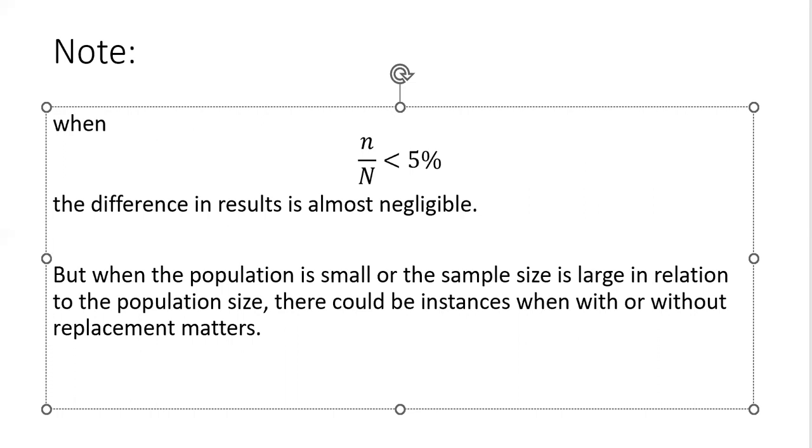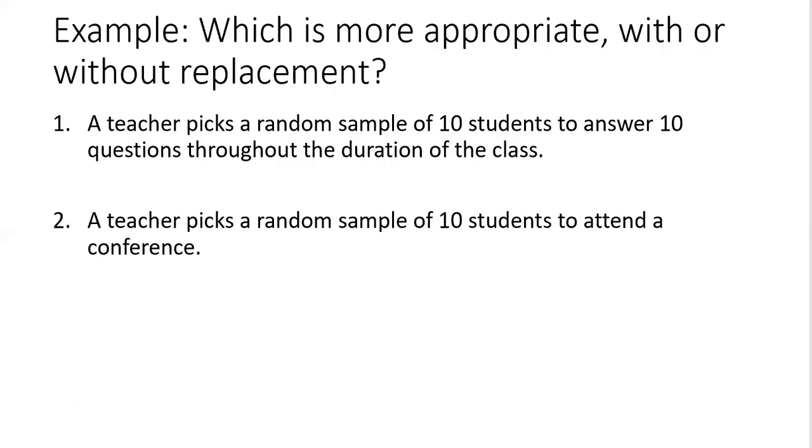All right, so let's take a look at the next two examples and think about which method is more appropriate. In the first example, a teacher picks a random sample of 10 students to answer 10 questions throughout the duration of the class. Would selection with replacement or without replacement be more appropriate?